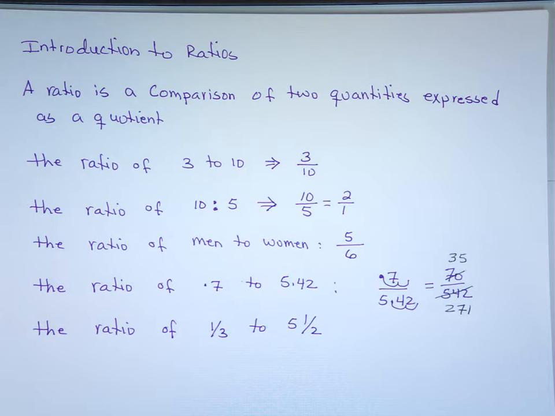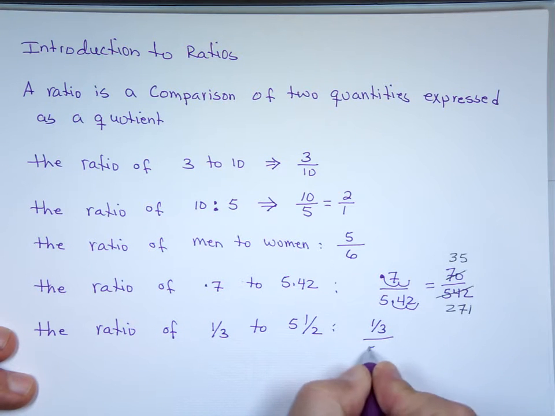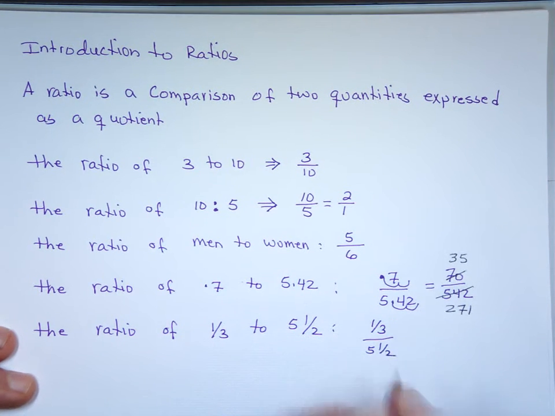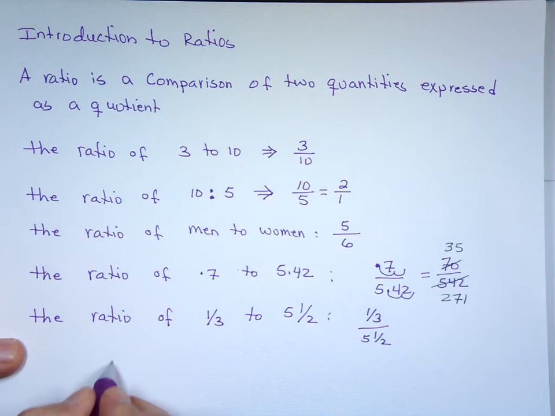So what's the answer to that? This is what? 1/3 divided by 5 1/2. And you have to go back to what we covered in chapter 2 and simplify that. That's 1 over 3 divided by 5 1/2. How do we divide these?